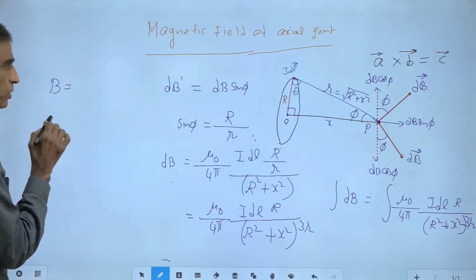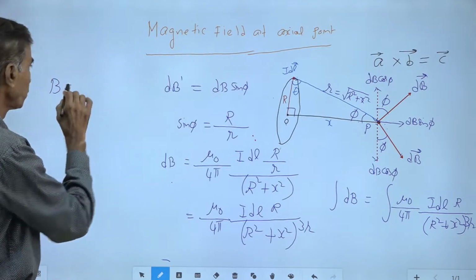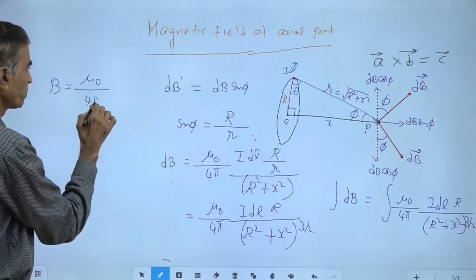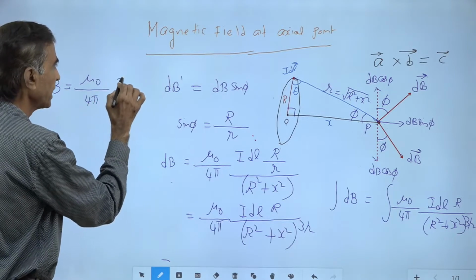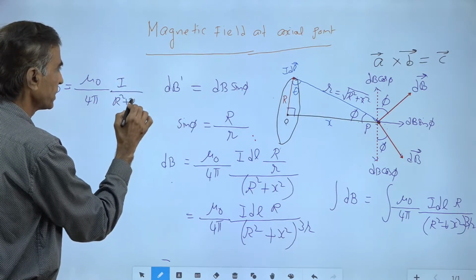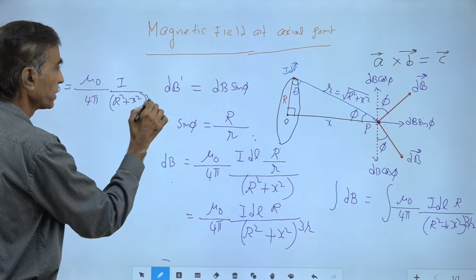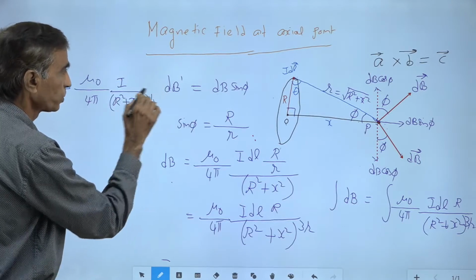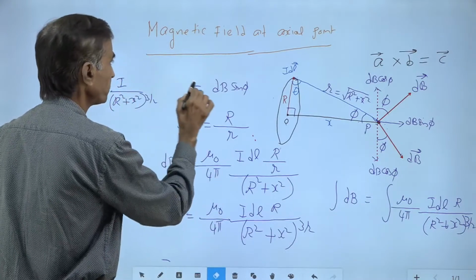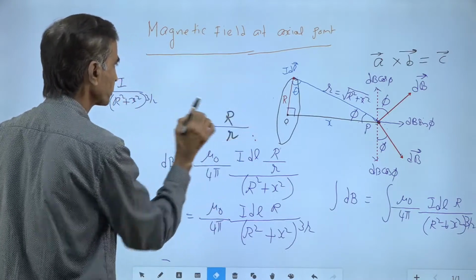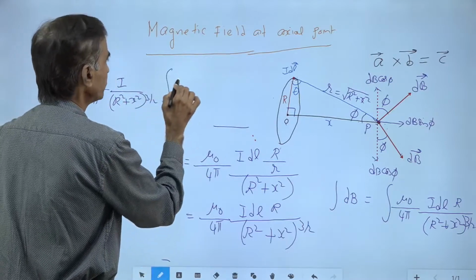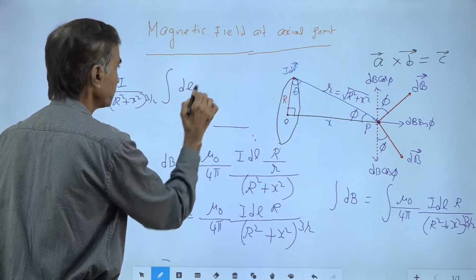So B is equal to the total for the whole loop. We can take outside mu naught by 4 pi into I divided by R square plus X square whole power 3 by 2 into integral of dl.